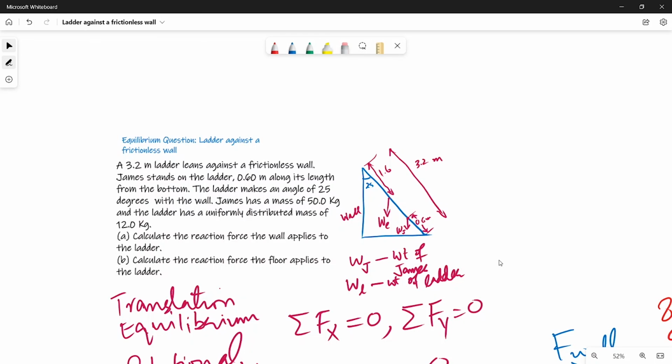First of all, we applied the pivot at the floor, where the wall was touching the floor, and we found out the reaction of the wall. Then, in the first manner, we solved it by translational equilibrium, and we found the horizontal and vertical reaction from the floor on the ladder. And we also solved the same question by using rotational equilibrium. So with this, I end today's lecture.